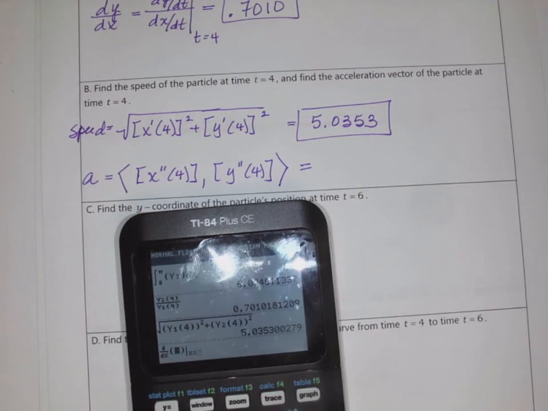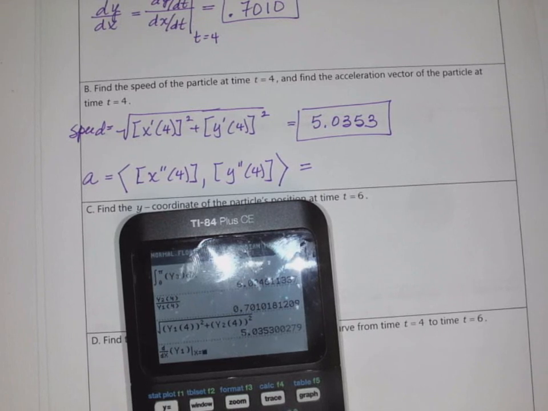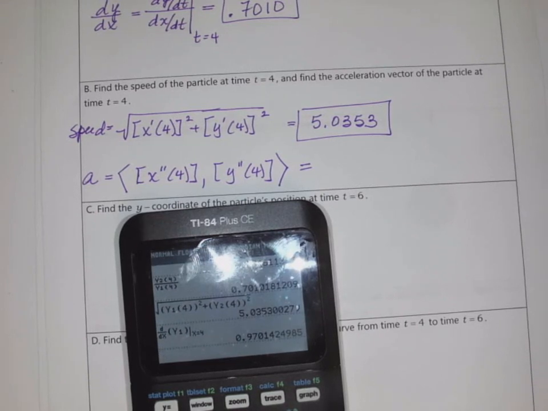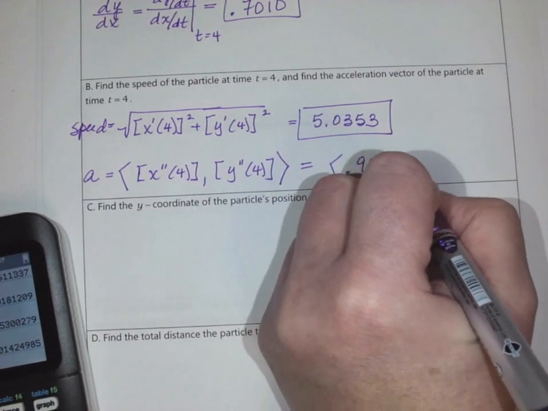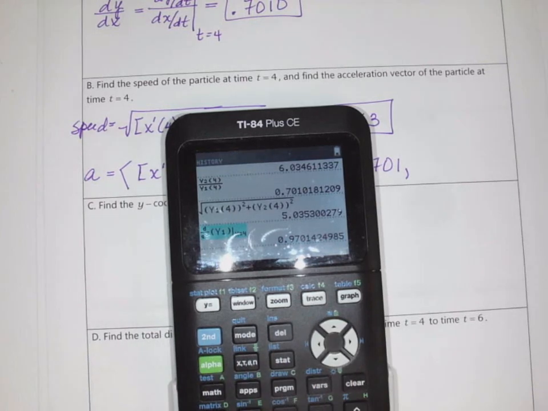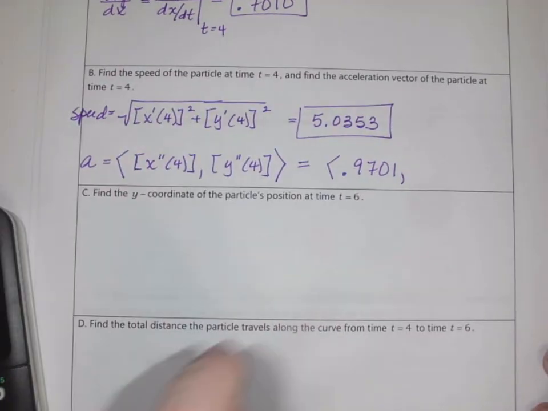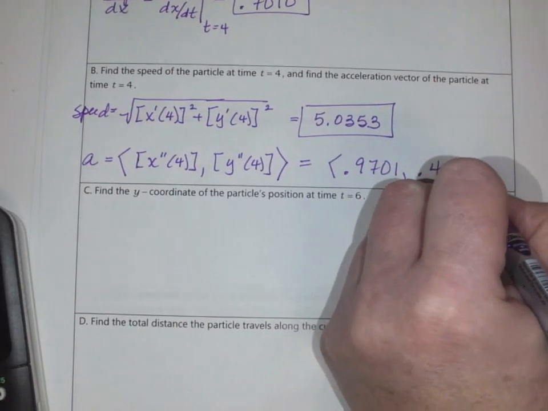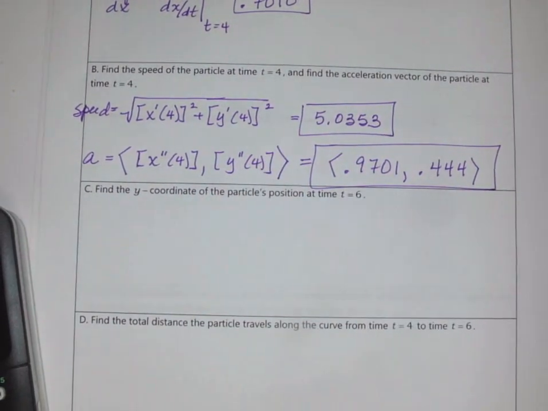We can do a math 8 d dx. We're going to do what's in y1, and we're going to do it at 4, so 0.9701. Remember, you only have to be accurate to 3 decimal places. I'm going to come back here and do y2, 0.4444. So that would be the acceleration vector.